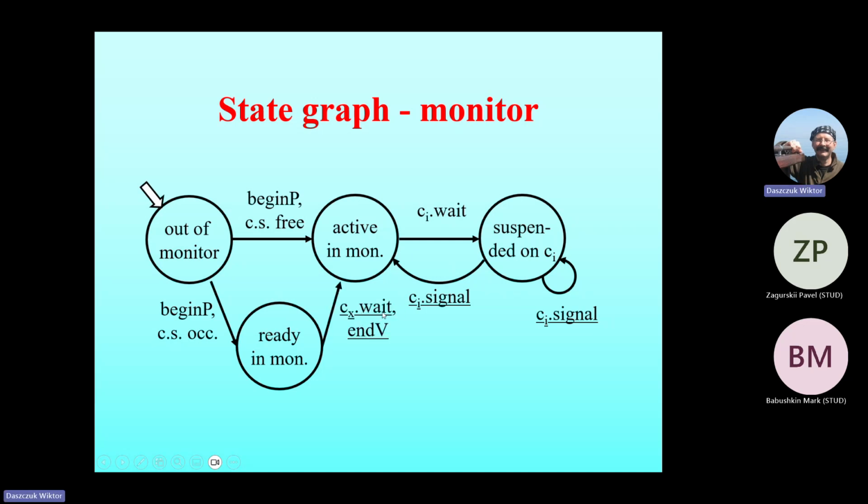When another process leaves the critical section, there are two such situations. A process executes wait on some condition or leaves the method of the monitor.